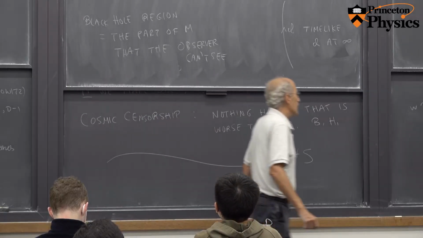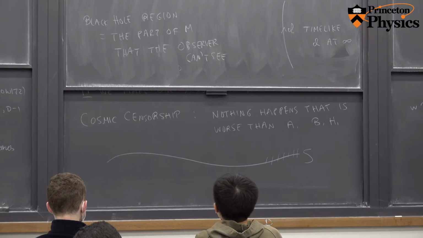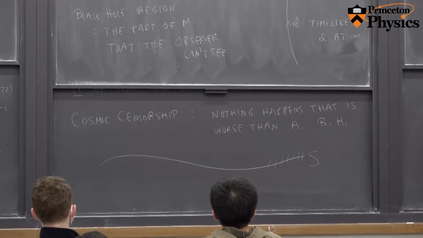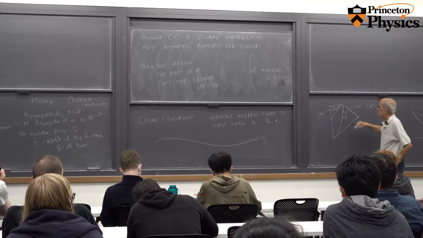So again, in the motivating example of Schwarzschild, this could be the time-like world line of the observer, and what the observer can't see is precisely the horizon and what's behind it.